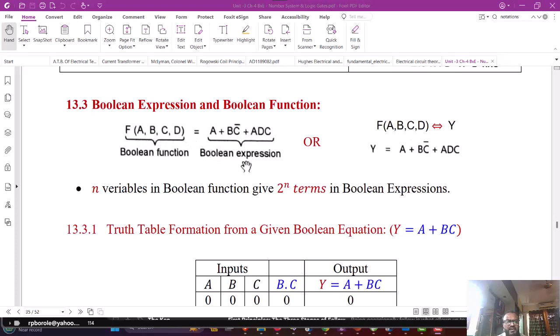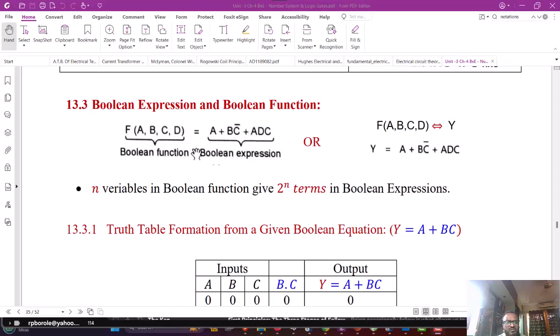And that can be equal to, for example, A or A B C or B C bar. This can be any expression. So, like in mathematics, we can write f of x is equal to x square plus 2x plus 1. So the right side of the equation is an expression and the left side is called a function.